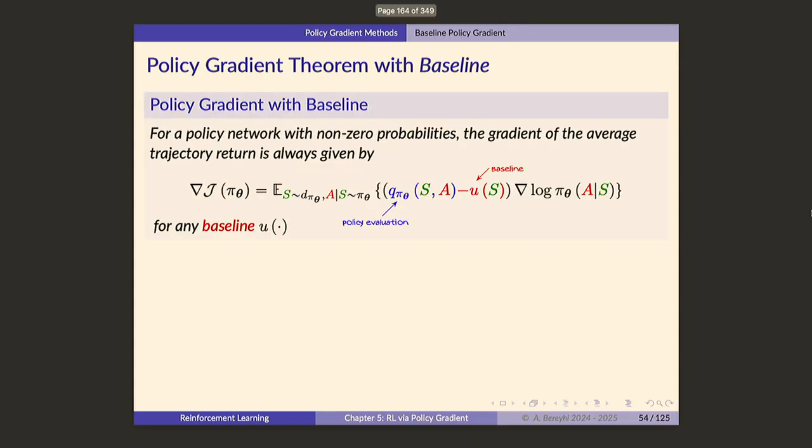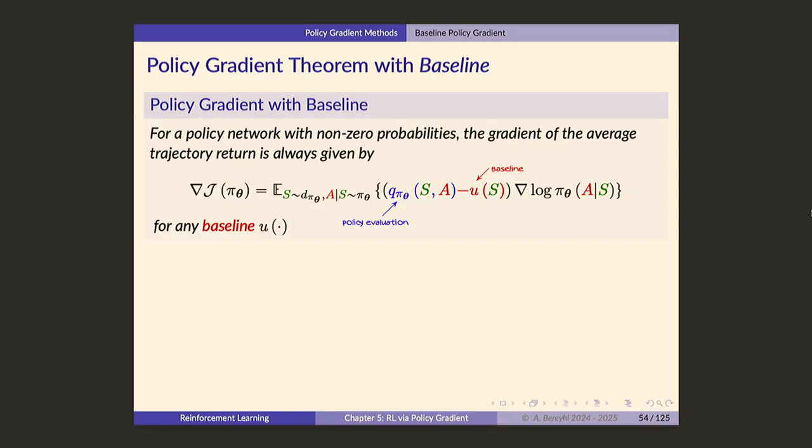So this is the more general version of the policy gradient theorem. What it says is that if you want the gradient with which you are updating your policy network, take the expectation of Q minus some U, you don't care what that U is, times the gradient of the log likelihood.